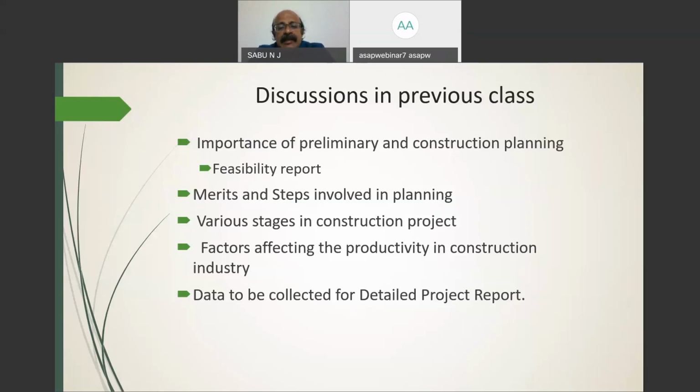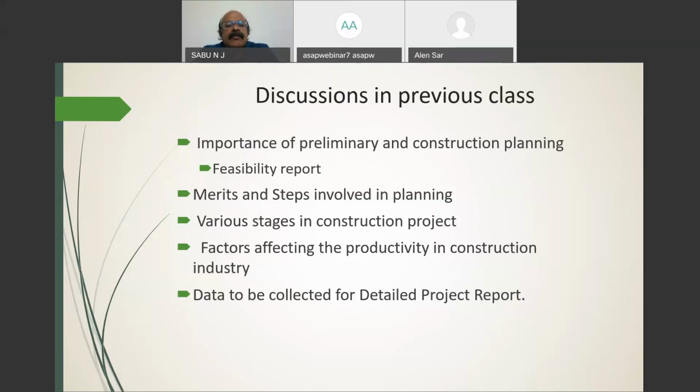Enhancing productivity is an essential requirement of any economic activity, so the various factors were discussed in that class, and finally what data are to be collected for the preparation of the feasibility report and the detailed project report.